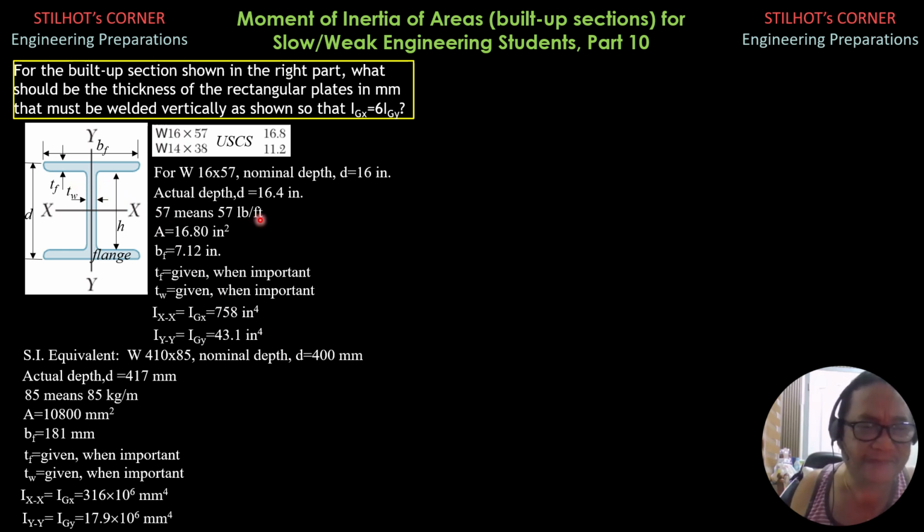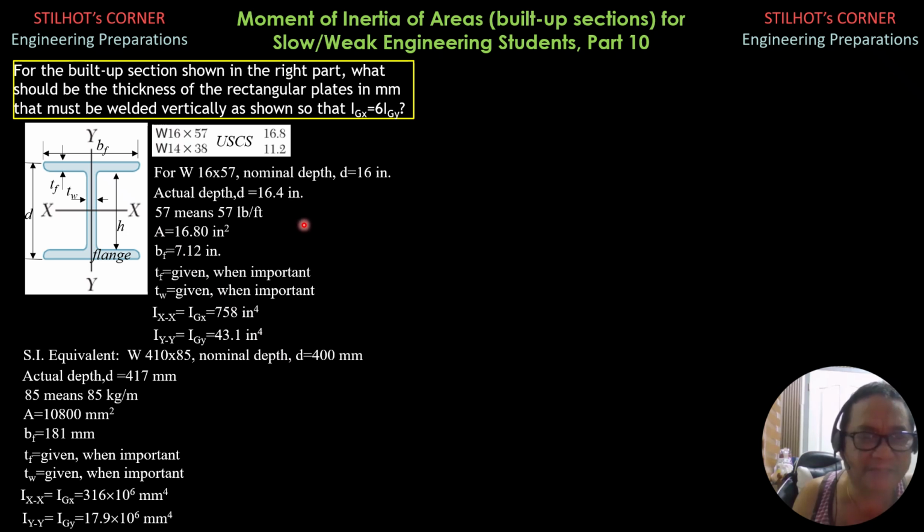So if the specific gravity of steel is 7.86 and the specific weight of water is 62.4 pounds per cubic foot, then all you have to do is multiply the area to verify that it is about 57 pounds per foot. So for instance, the weight density of steel is specific gravity 7.86.